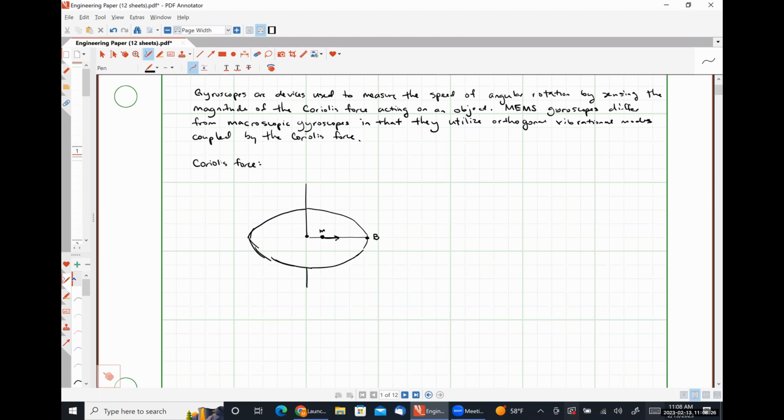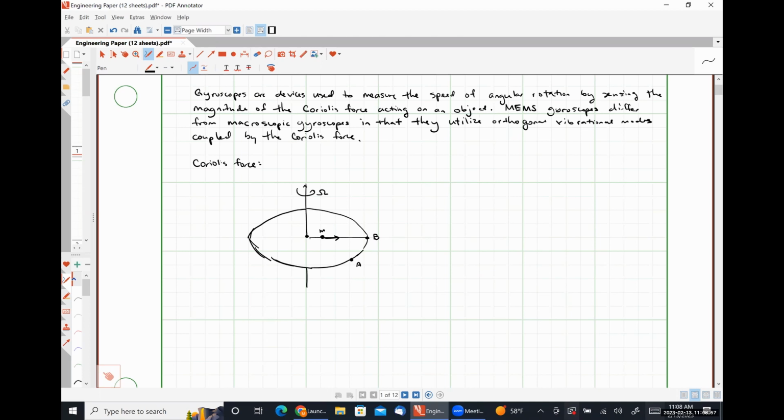Okay, what if the disk spins with some angular velocity, capital omega? Okay, so same situation. I have a mass in the middle. I'm throwing it towards point B. But instead, the mass is going to arrive at some point A down here.